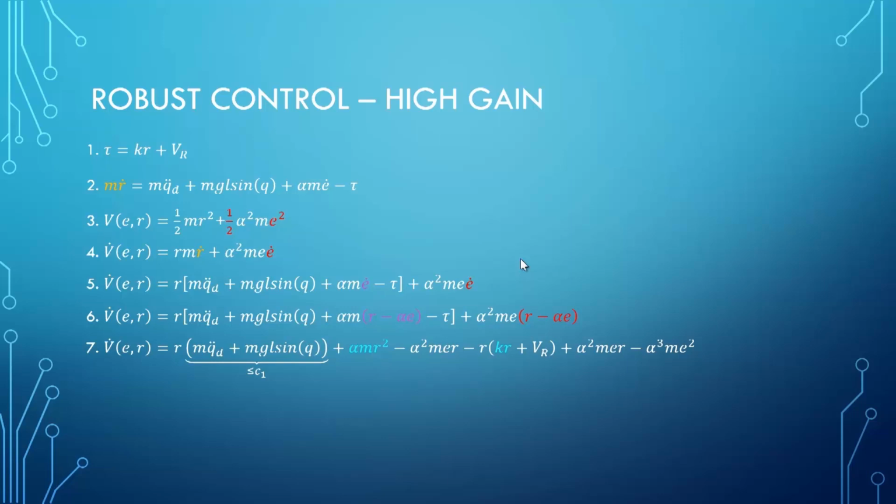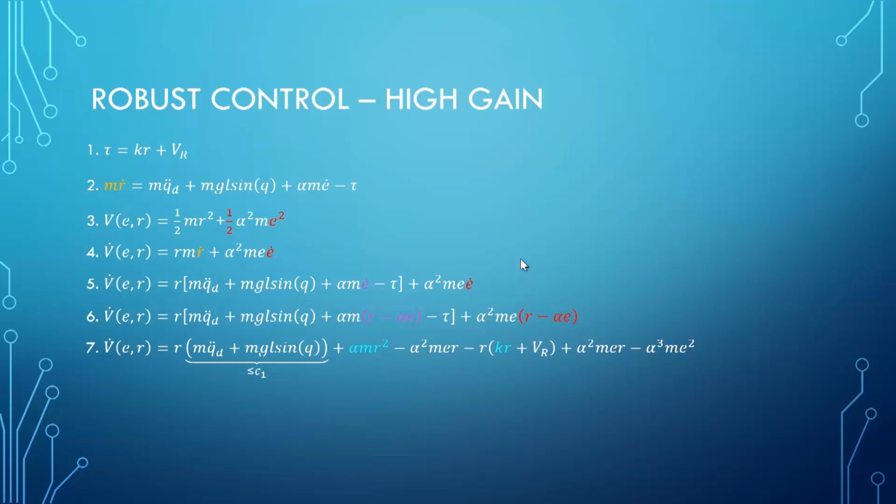So we can upper bound these terms by a constant C1. But this C1 might be large because it has to be greater than m times Q d double dot. Q d double dot depends on the trajectory you're trying to follow.